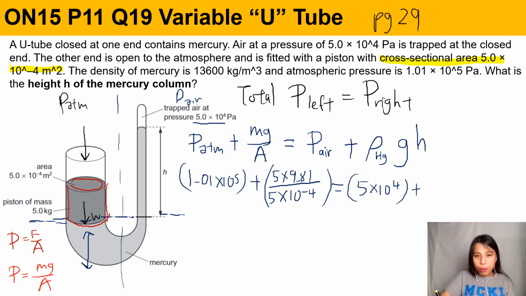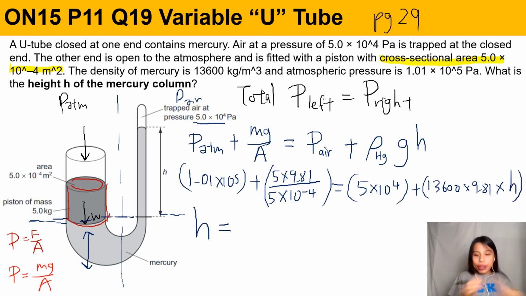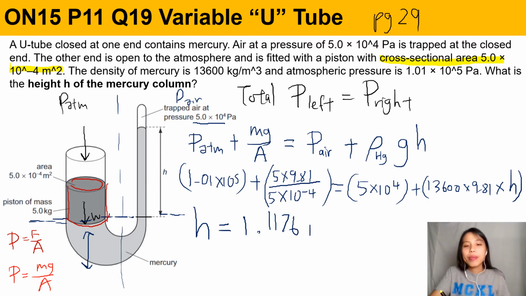Yes, 13600 times 9.81 times h. Just nice. So plug in all the values to get h, rearrange everything, and let's see. I got roughly 1.1176 meters.